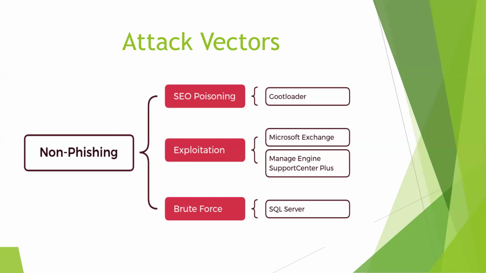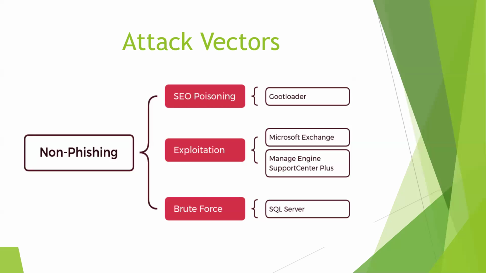Then I could perform maybe a type of squatting attack or something like that, and enable victims to visit my website, which could be hosting the malware. And once they have visited my website, the malware is downloaded onto their system.